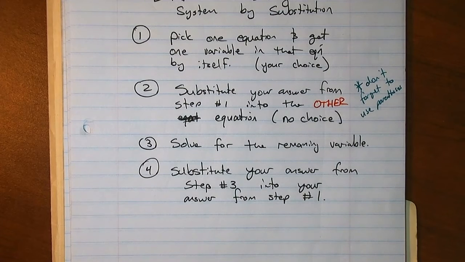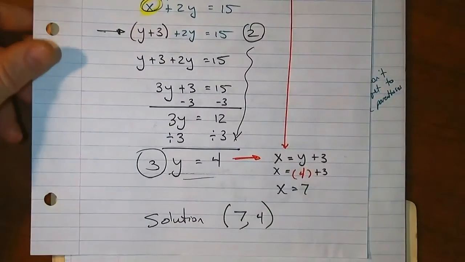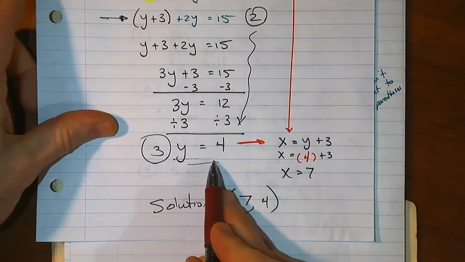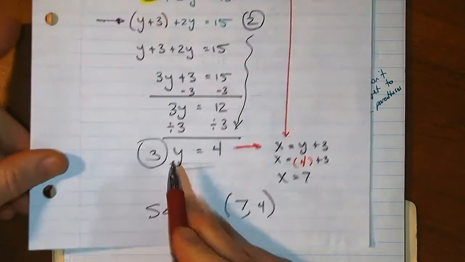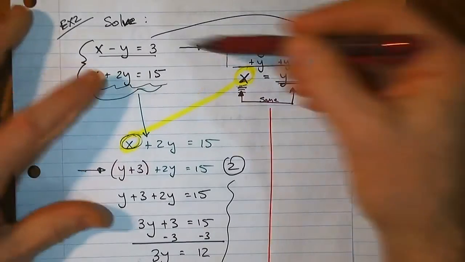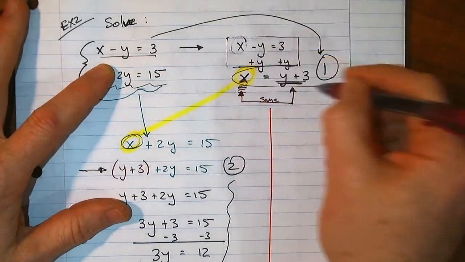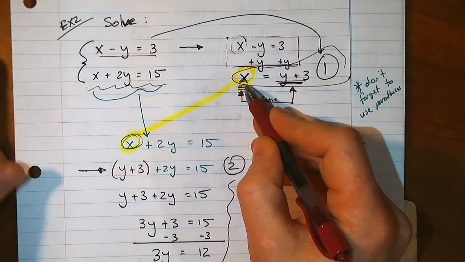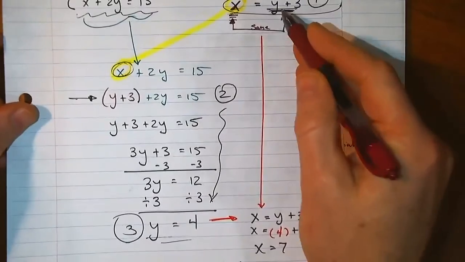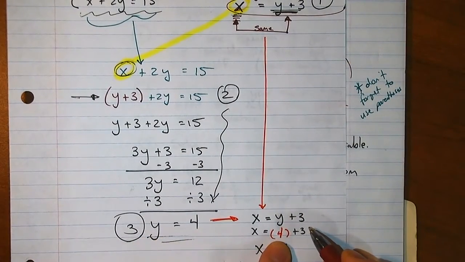Again, let's look at the example we just did to make sure we understand what that means. So once we got y all by itself and we knew that y was equal to 4, that was our answer from step number 3. Back up here, step number 1 was when we got x by itself. So this was our answer from step number 1. And notice, because the x is by itself, now I have an equation that's really easy to plug numbers into.